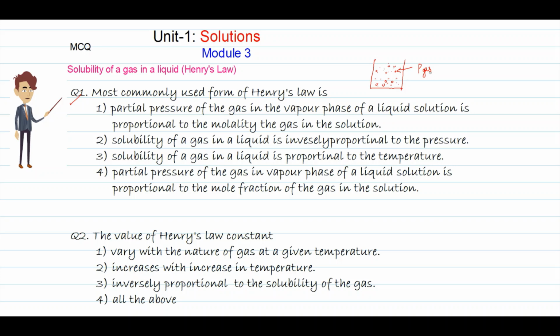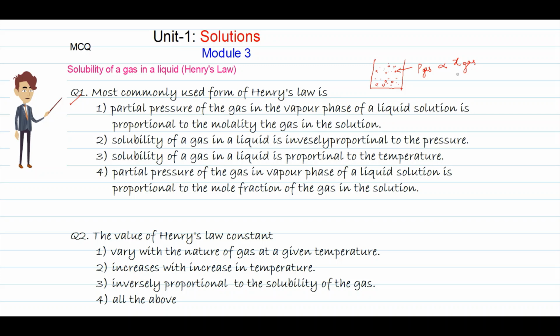According to Henry's law, partial pressure of the gas in the vapor phase of a liquid is directly proportional to mole fraction of the gas in the solution. That is the most commonly used form of Henry's law.